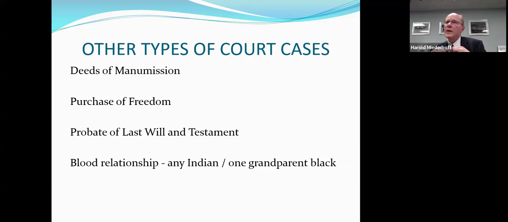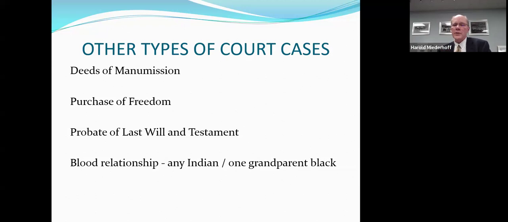Then there were some cases with regard to whether or not the Black person was truly a Black person. There were issues of how much blood does it take to be considered a slave, and if you were a slave but you could prove that you didn't have a certain percentage of black blood, you might be able to earn your freedom as well. And also with Native Americans, some Native Americans were held as slaves many years past.